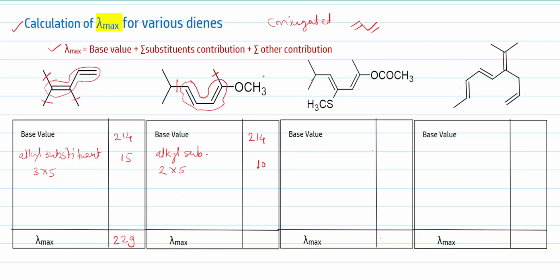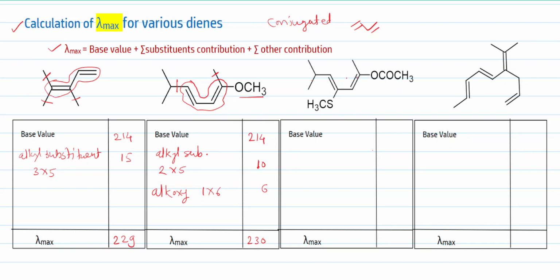Then for this group, this is another substituent other than alkyl. This is OCH3, that is an alkoxy group, so I write alkoxy substituent. One substituent is there, so 1 into 6, I write 6. Just adding these, we get 230 nanometer. This is the lambda max for this compound.